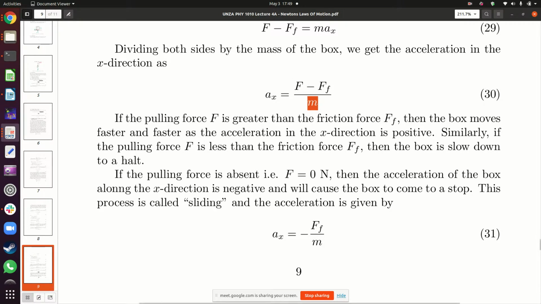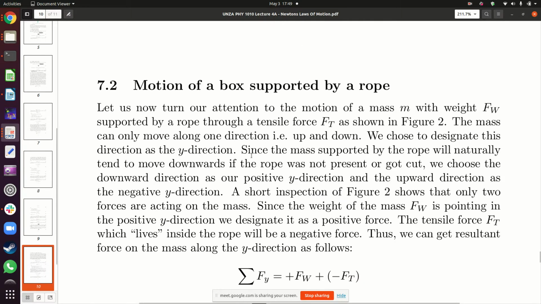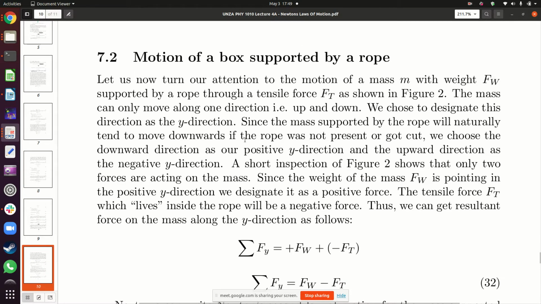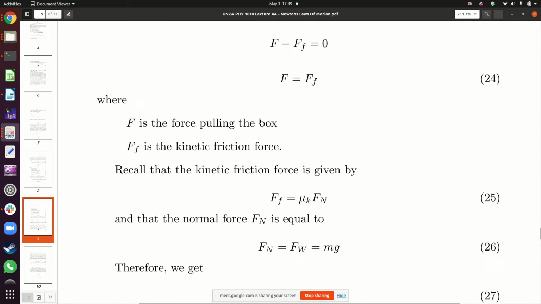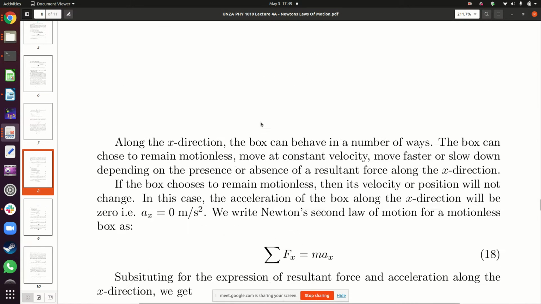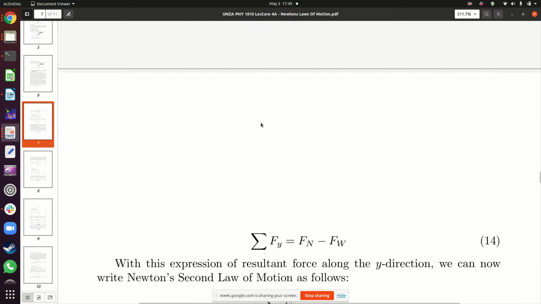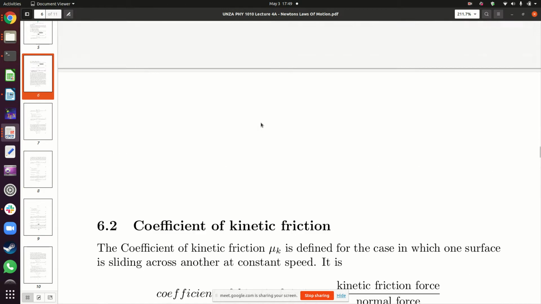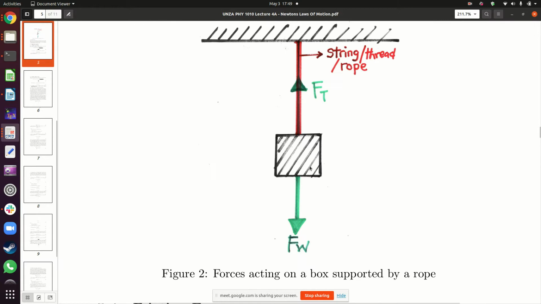Yes, we are. Okay. The next bit is an object which is supported by a rope. Like I mentioned earlier, this is another example of an object. This object has mass m. Because it has mass m, it has weight, and the weight is pointing down. Right now, as things are, the rope is supporting the object, so the object is not moving.